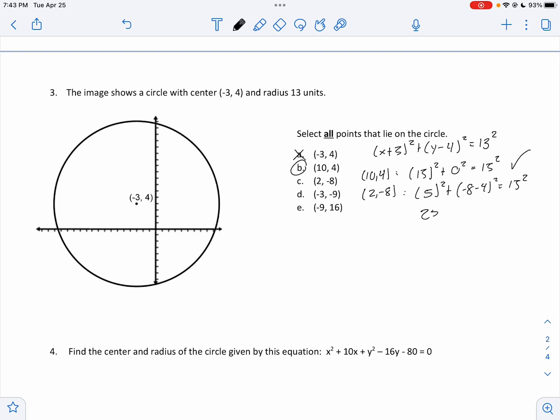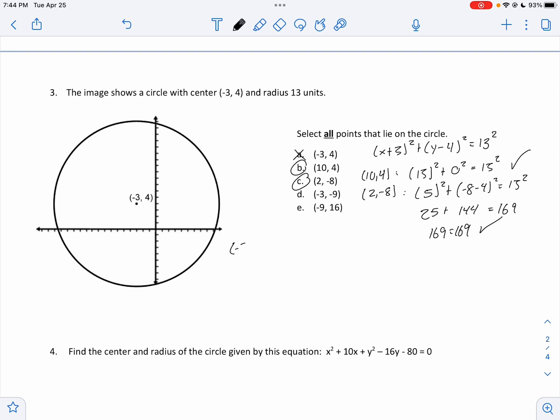So this is 25 plus negative 8 minus 4 is negative 12 squared, which is 144. And 13 squared is 169. And now adding these together, you do get 169 is 169. So C also lies on our circle.